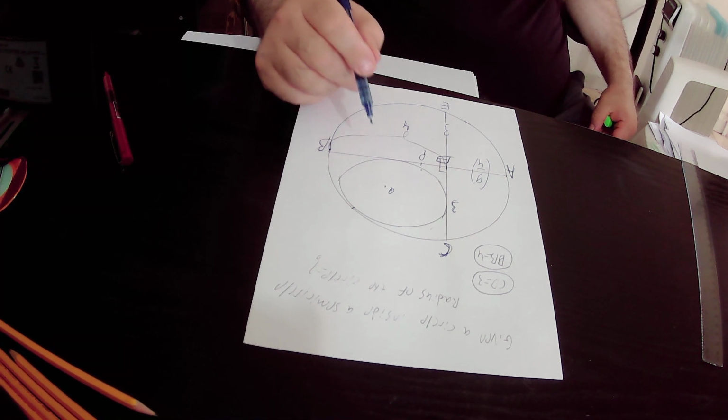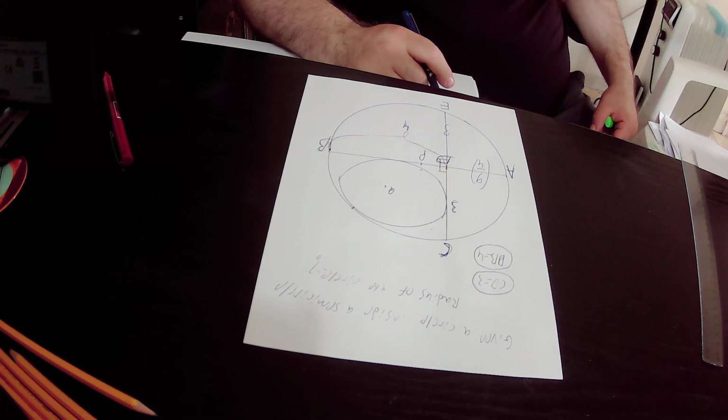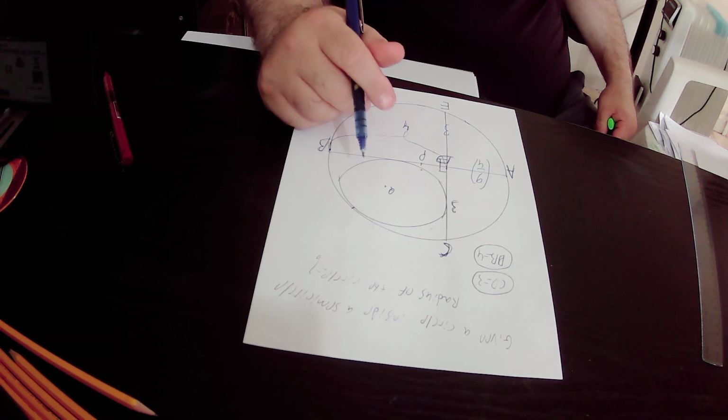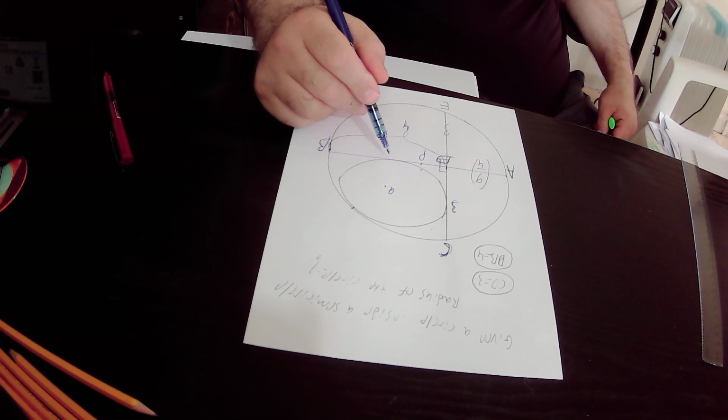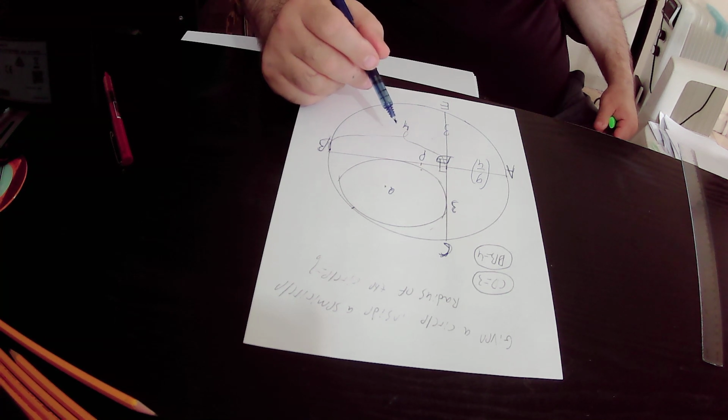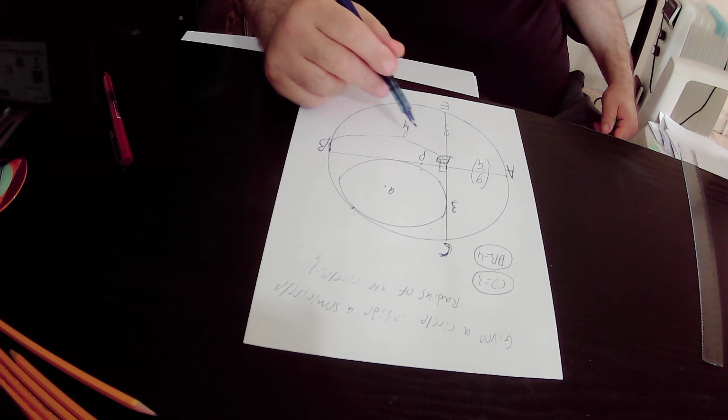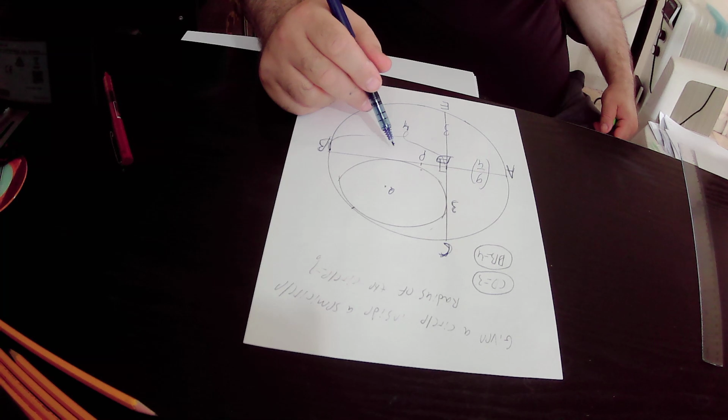Okay, so here we will draw from point Q a radius to the point of tangency of tangent DB with this small circle.